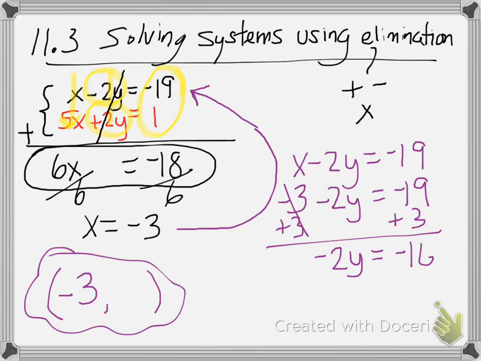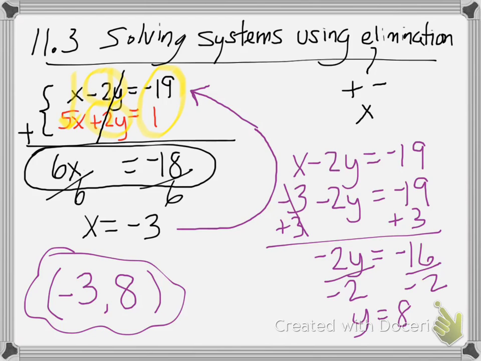Negative 16. Is that right? 17, 18, 19. Yeah. Negative 16. Divide by negative 2. And I get y equals 8. So then I know that the y value is 8. So if I graphed it, these two lines would crisscross in one point. So they have one solution at negative 3, 8.